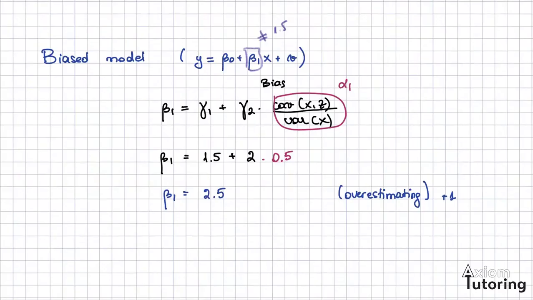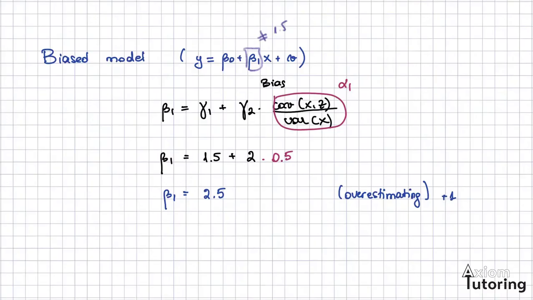You can also verify both approaches. You could start from the biased model and get to the true model, in which case you would have an estimation of 2.5, minus the 2 times 0.5, to get the true value of 1.5.